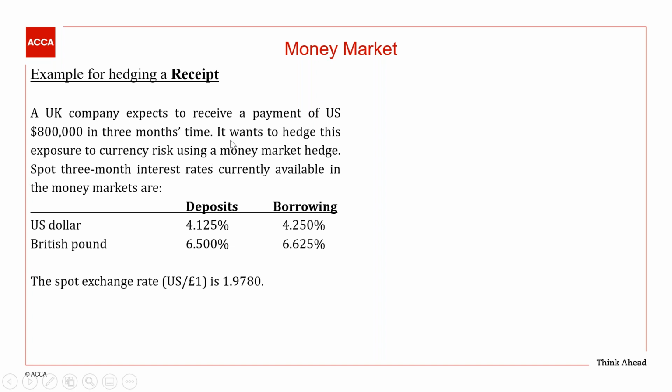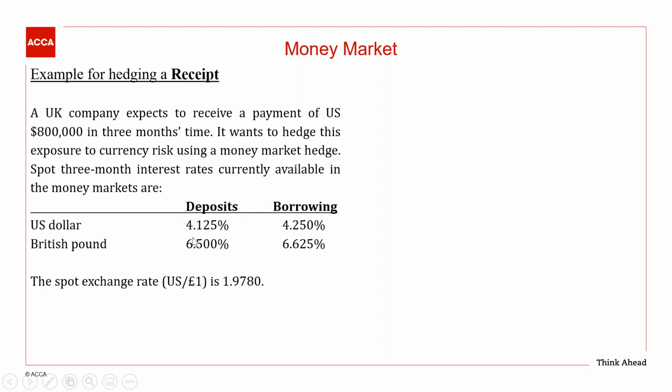The rest of the story is a very common story. It wants to hedge this exposure, the currency risk, using a money market hedge. And the spot 3 months interest rates currently available in the market are these interest rates, for 3 months deposits or borrowings. But remember, the rates quoted are always in annual terms.